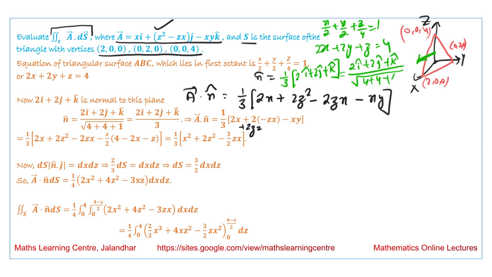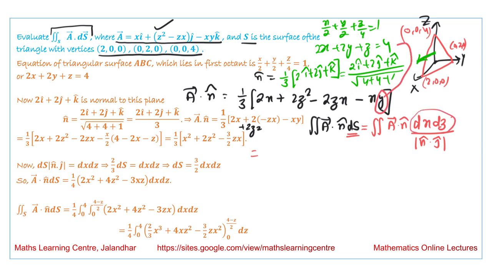Now we calculate the value of the double integral of A vector dot n cap into dS, and in place of dS we are writing dx dz divided by n cap dot j cap. We do not have the value of y here, so we substitute y from the plane equation.